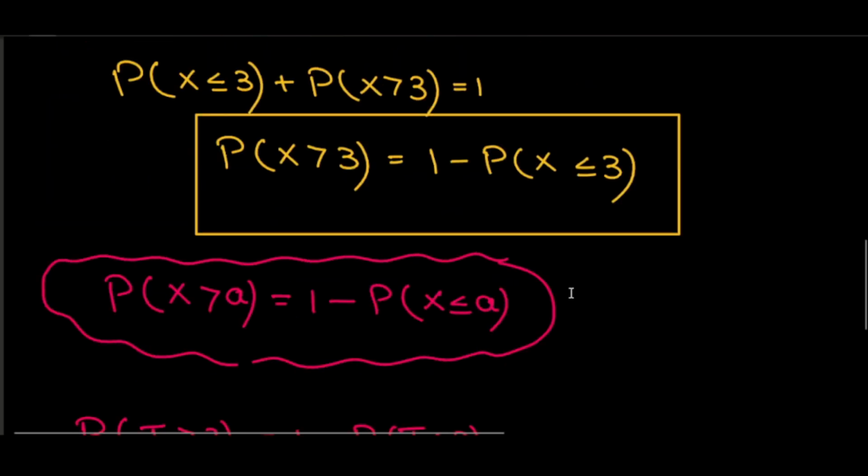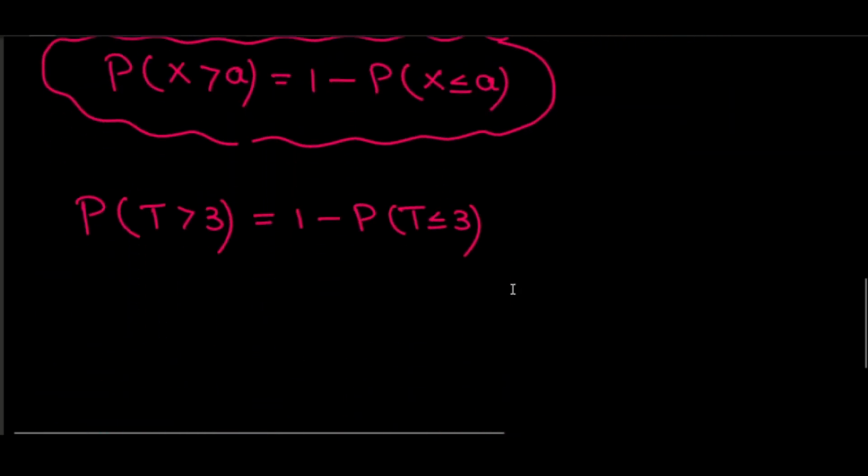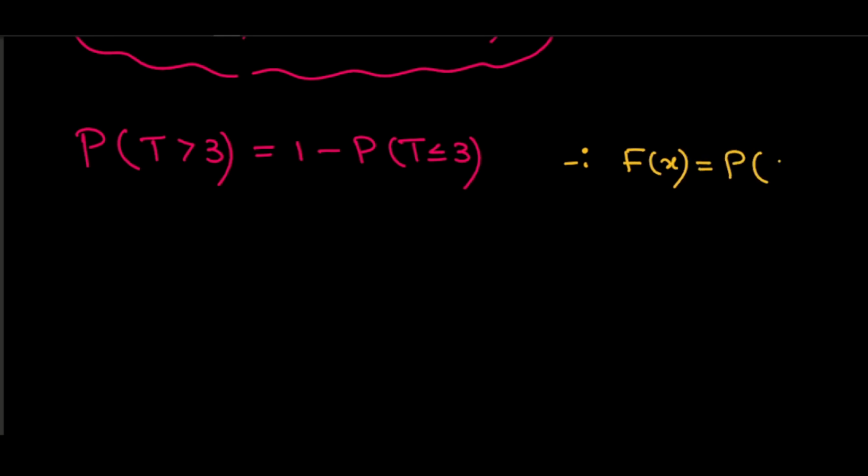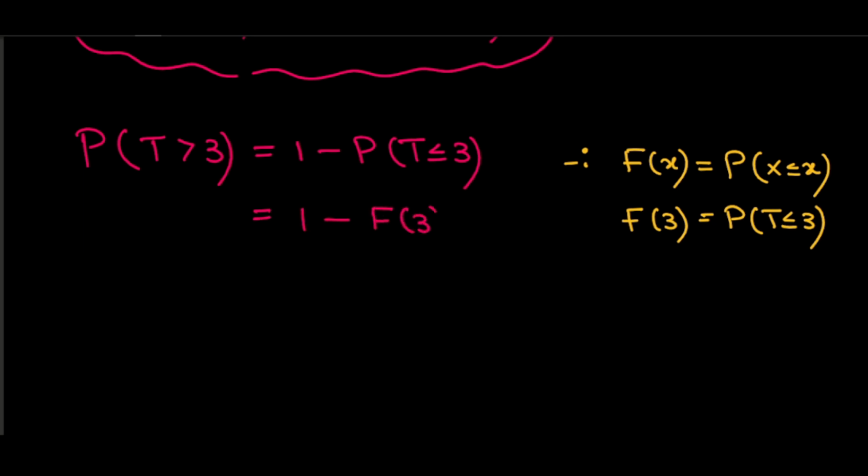And in the cumulative distribution function, we have already learned the formula of capital F of x: the probability of X less than or equal to x. So if I write the probability of T less than or equal to 3, this means I can write F of 3, so 1 minus F of 3.